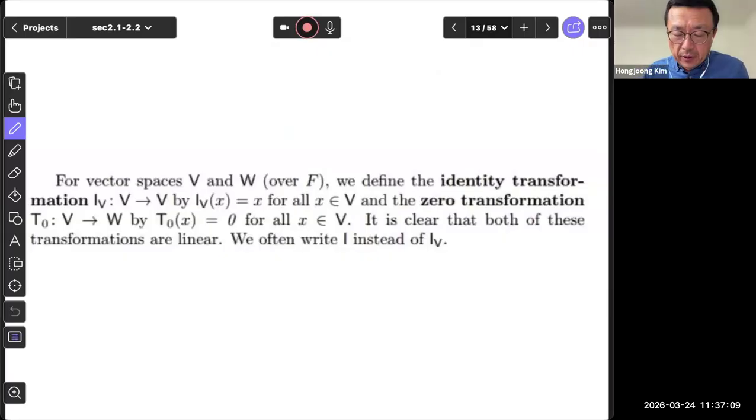If I consider a mapping from V to V, which maps x to itself, that will definitely be a linear transformation, and that mapping will be called the identity mapping.